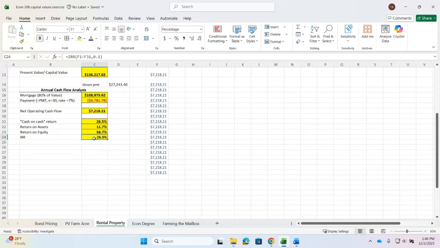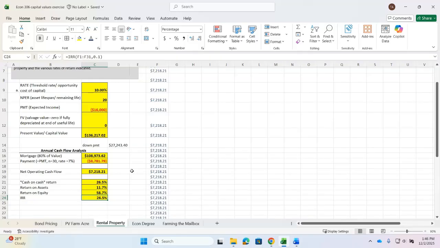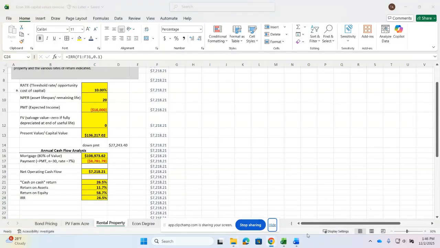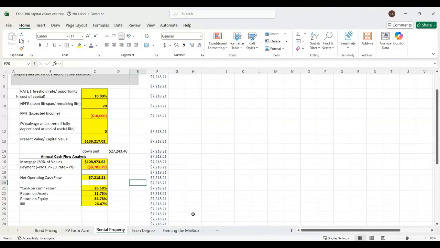It's given us an internal rate of return of 26.5. I was just double checking my math there because it initially looked oddly similar to the cash on cash. It's just a coincidence, but they're technically different numbers, with more decimal places.